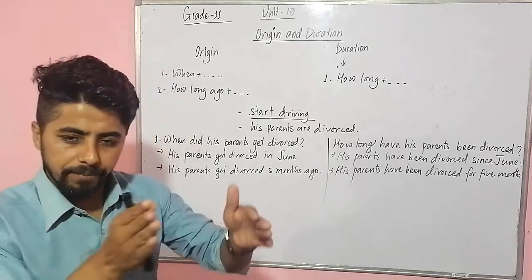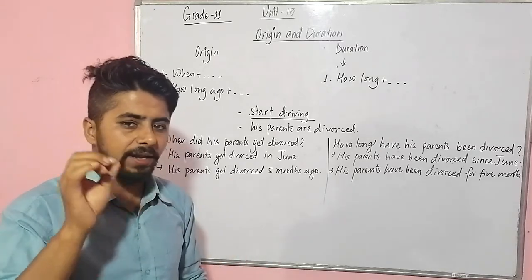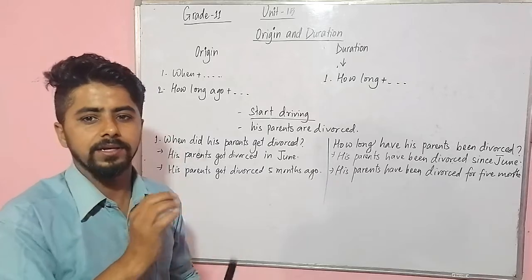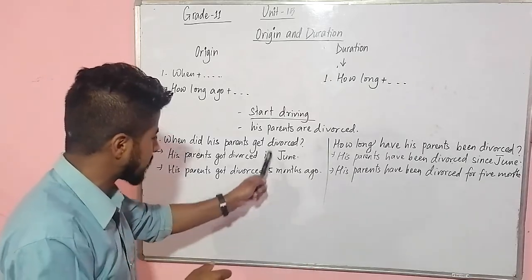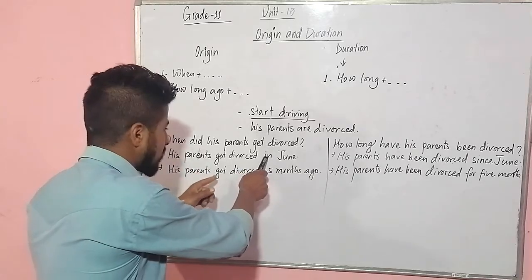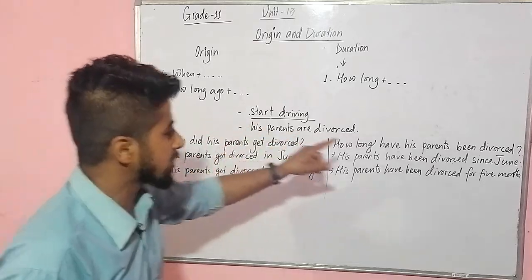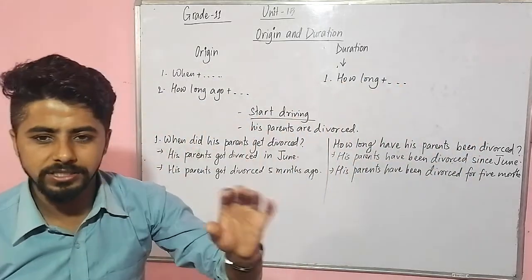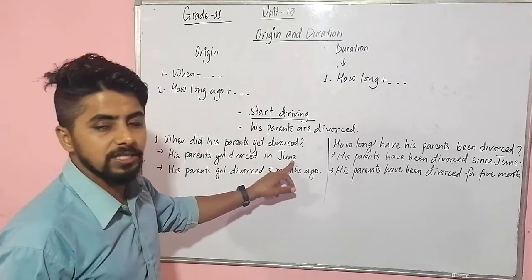It is from the point of grammar or tense structure, and in and ago are the prepositions used with origin. While giving the answer, in or ago can be used with origin, whereas for and since can be used with duration. His parents got divorced in June. June means it is point of time.